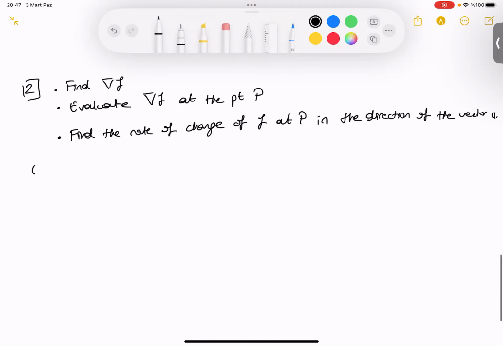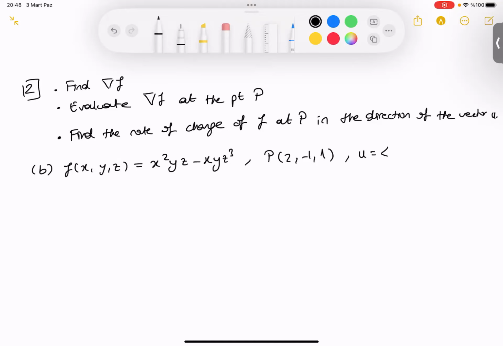Okay, we will solve part B. We're given f of x, y, z as follows. And the point P is this one. And u is this vector.